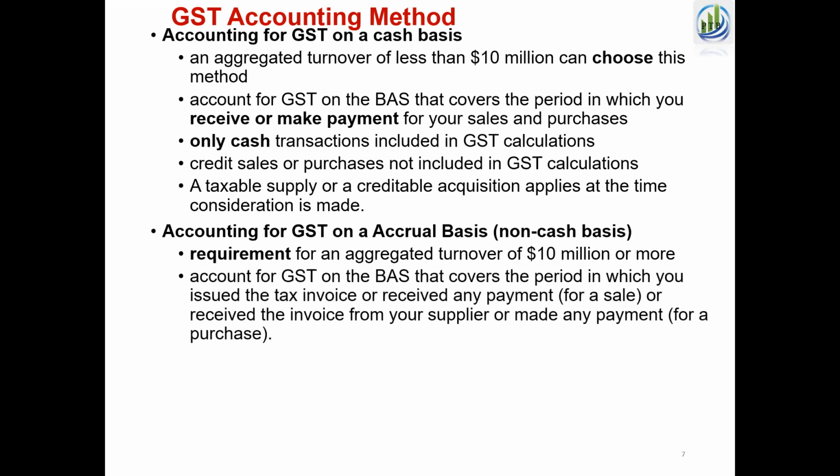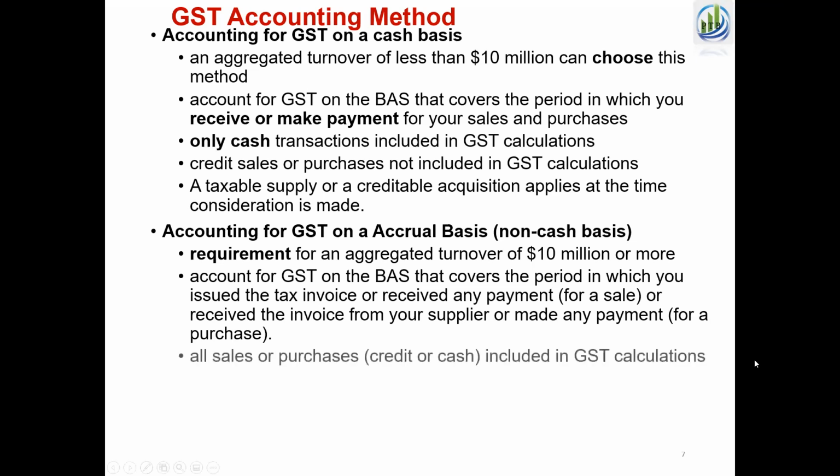When you are doing the accrual basis system, you're going to calculate based on the amount of invoices generated or bills received. No matter whether your amount is paid or not, it is not in question. So with the accrual basis method you are going to calculate based on the actual invoice generated or the actual bill received.